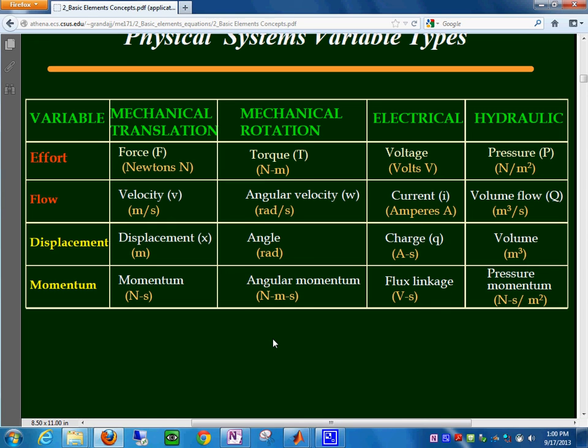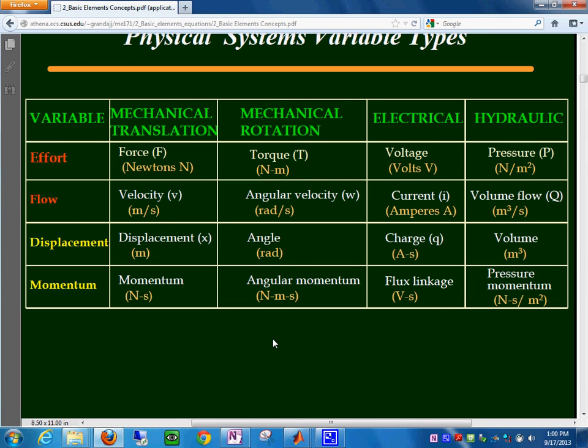In here on the left hand side, the effort and the flow and the displacement and the momentum are the variables that we use. So instead of 16 variables, we have reduced it to 4.